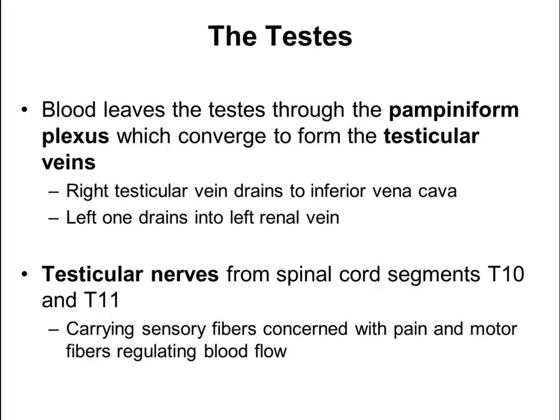There are testicular nerves from the spinal cord, and they are T10 and T11. And they carry sensory fibers concerned with pain and motor fibers regulating blood flow. The testicles are very sensitive, right? If injured, it is very painful, and that is because they are innervated with nerves.